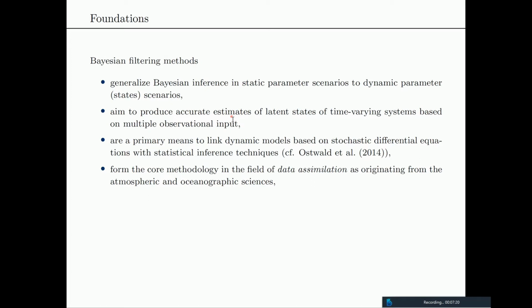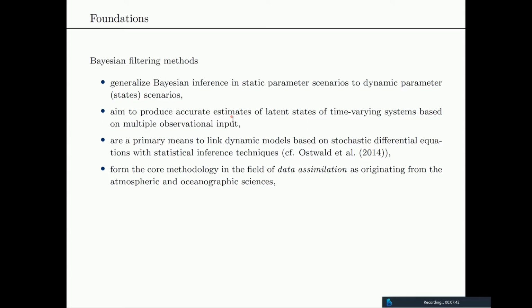When they say data assimilation, you might think, oh, that can be anything. But what they mean is Kalman filter, Rauch-Tung-Striebel smoothing. So basically inferring on dynamical models based on data. And that's atmospheric and oceanographic sciences, so things like weather prediction, climate change.